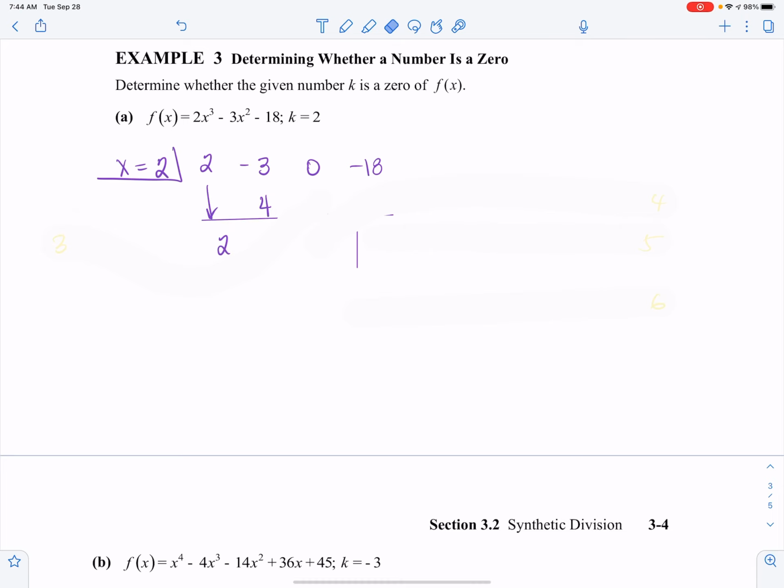I'm going to go through this pretty quickly. If I were you, I would pause the video and see if you get the same thing that I do at the end. Again, we're multiplying and adding, and I find that my remainder is negative 14. So is 2 a 0 of my polynomial? No, it is not.